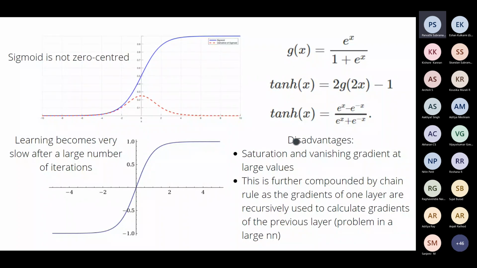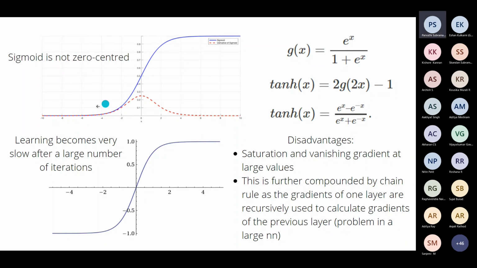So now I'm hoping you can see this slide with the activation functions. Over here, we have a sigmoid function, and you can see its derivative being plotted as well. The sigmoid function is 1 over 1 plus e power minus x.